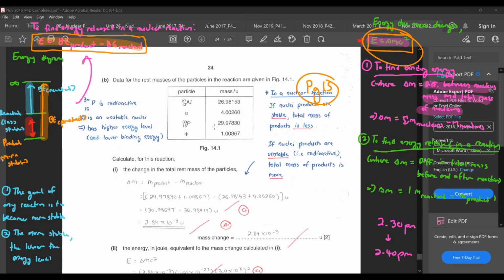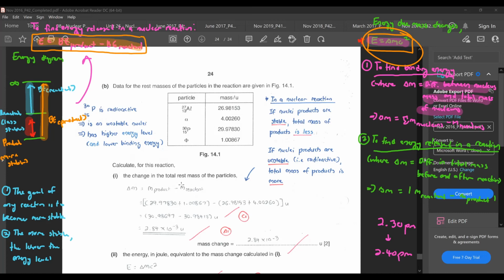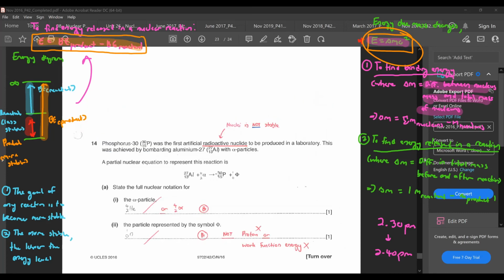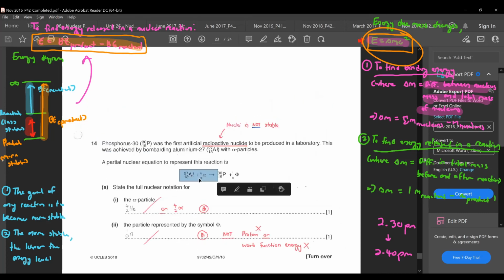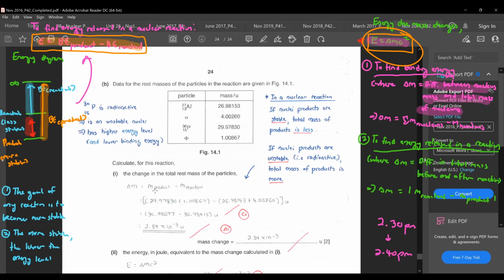Then after that, they ask you, data for the rest masses of the particles in the reaction are given in this table. Calculate for this reaction the change in total rest mass of the particles. Basically you group out the masses of the reactants and products and find the difference.